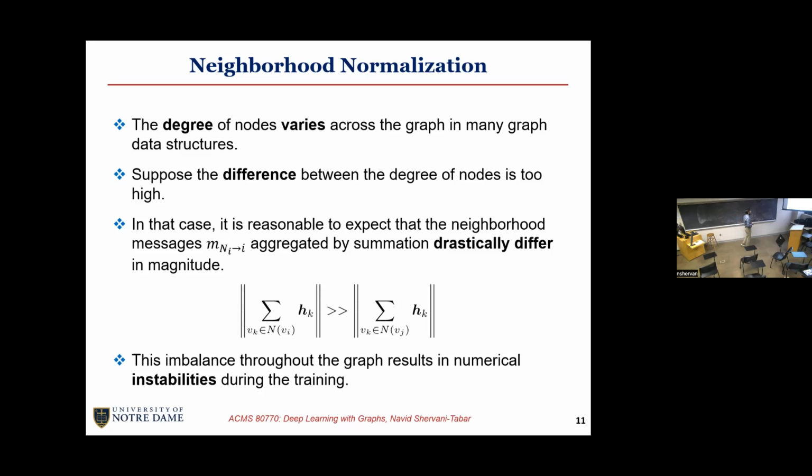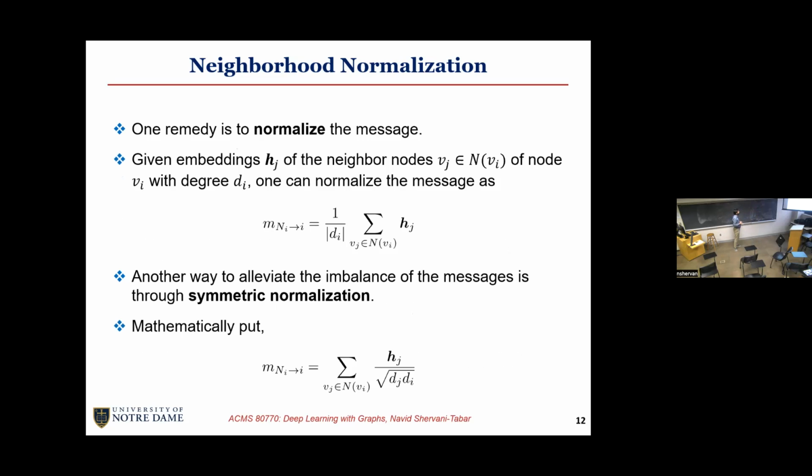So one straightforward approach to address this can be normalizing. Let's say that I have a series of nodes Vj that are neighbors of my node Vi, and each of these nodes Vj has its own embedding, which I'm showing with Hj.